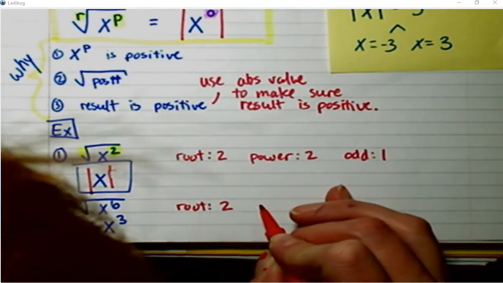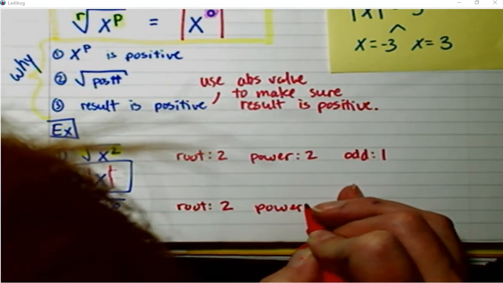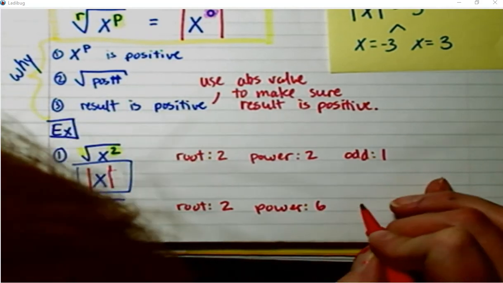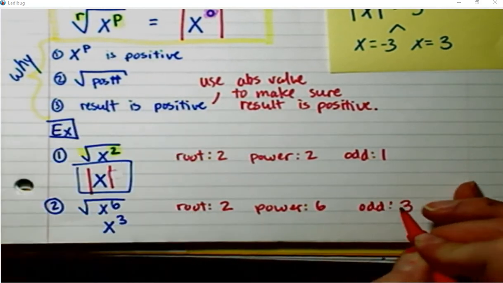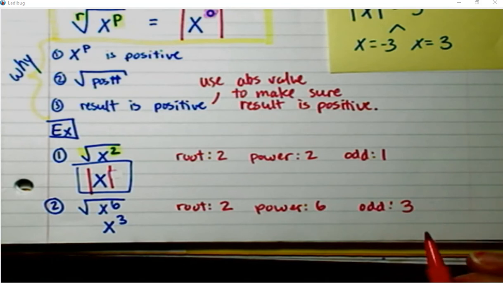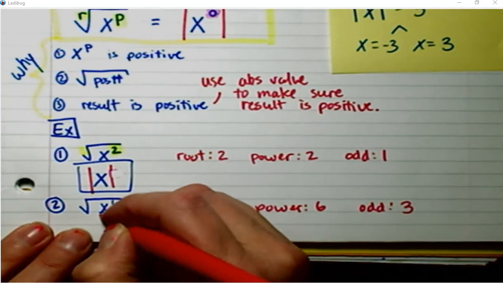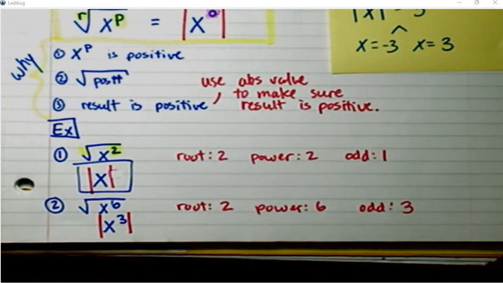The root is 2. The power is 6. The resulting power is 3, odd. Even, even, odd. This is the only pattern of even and odd that results in absolute value for the answer. That's it. Even, even, odd. No other combination will work.